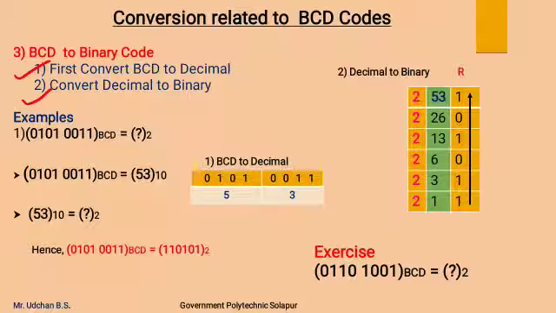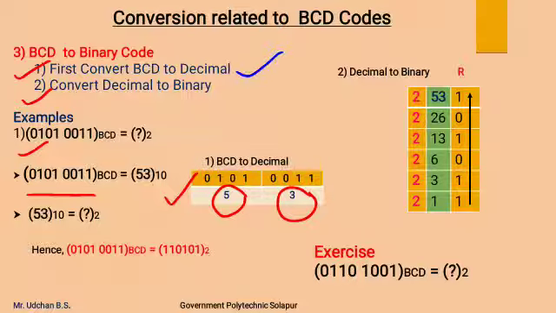In this, the first example is 01010011. So we first write a decimal number for the given BCD as shown in this table, that is for 0101 the decimal digit will be 5, whereas for 0011 the decimal digit will be 3. This is how we have converted the BCD into the decimal.